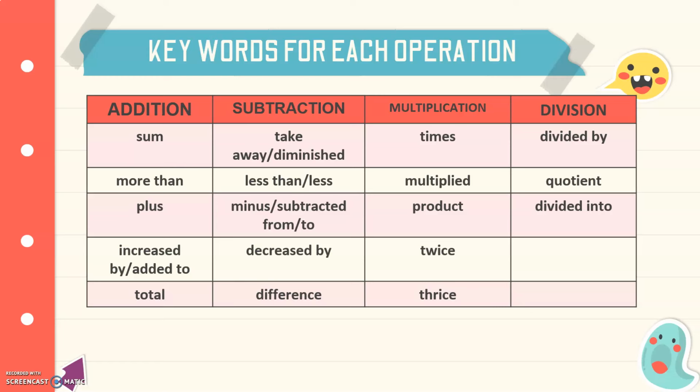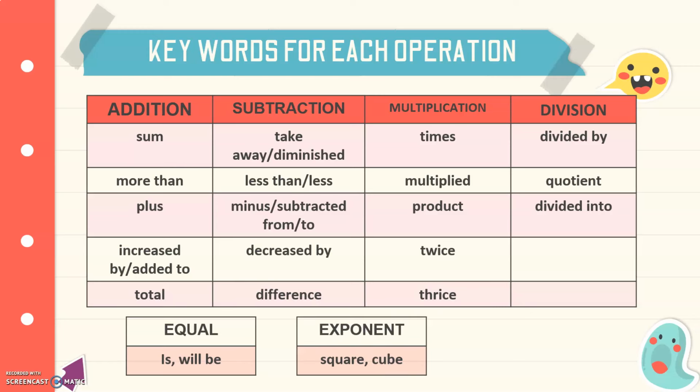For multiplication, we have times, multiplied, product, twice means two times, thrice means three times, and so on. For division, we have divided by, quotient, divided into. And for the equal symbol, we have is, will be, and for exponent, we have square, cube. Square is to the power of 2, cube is to the power of 3. So for exponent, we have to the power of.